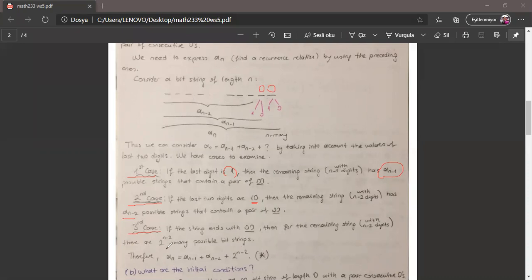This can be either 0 or 1, and we have n minus 2 many digits, and for each digit we have 2 possibilities. So there are 2 to the n minus 2 possible bit strings ending with 2 zeros. Here we had a n minus 1, here a n minus 2, and this is 2 to the n minus 2. Thus, a sub n equals the sum of these three cases.